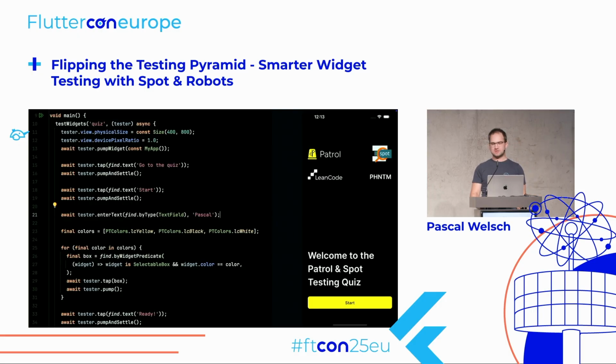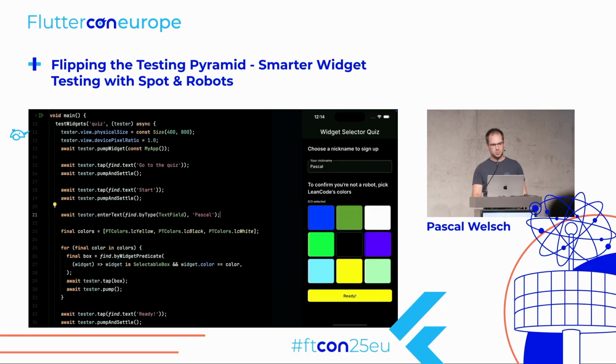Once we hit that, we go to the start screen, and we also tap the start button. As easy as that. We get to the widget selector quiz, and first of all, we have to enter our name. There's the tester enterText method where we can just enter a name into a text field.